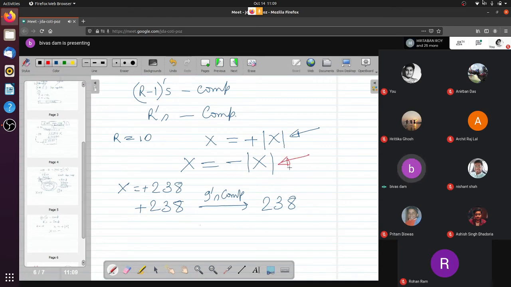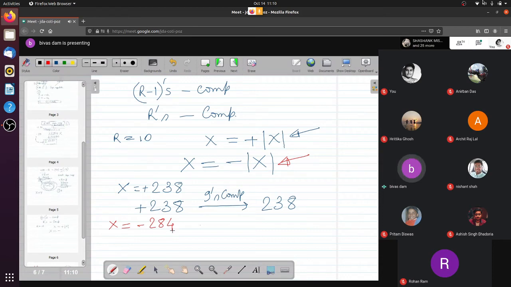in this type of situation, that means x is equal to minus 284. In that case, what it is suggesting is find out the number of digits in the number. How many digits are there in this decimal number? 3.